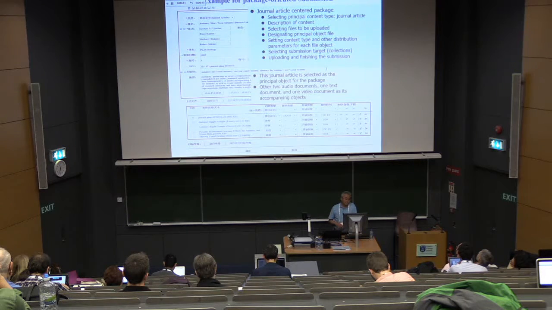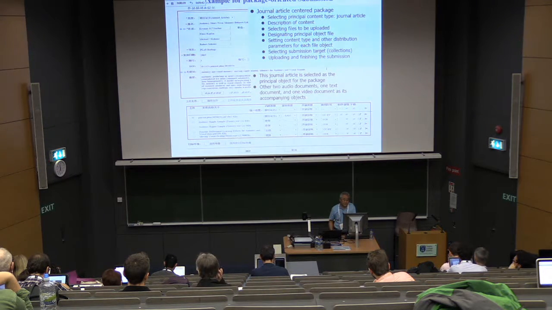It is different from the traditional submission. When we submit the journal article center package, we can select the principal content type as journal article and describe the journal article, which is sometimes treated as package level metadata.